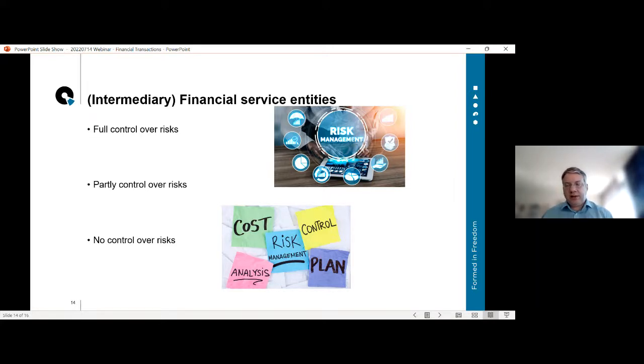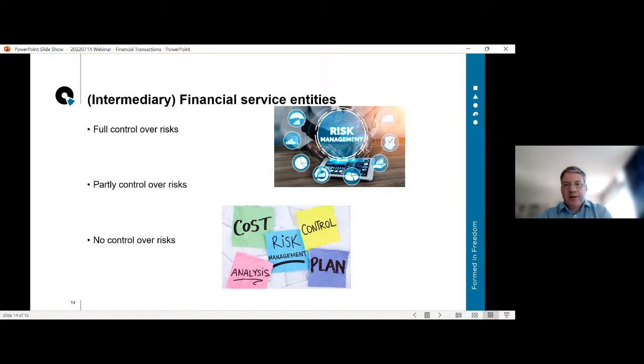That is the situation in which the people that are employed at the level of the financial service entity themselves have full control and are therefore able to decide whether to take on a loan, negotiate with banks, assess the risks, manage the risks, etc., and also have the full capacity to bear the risks.